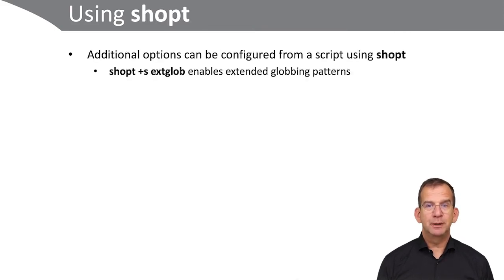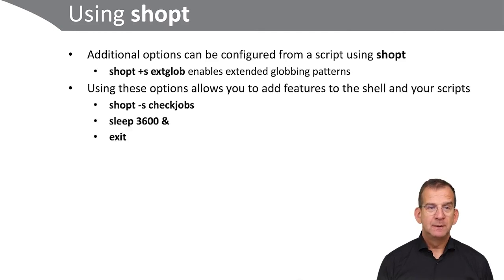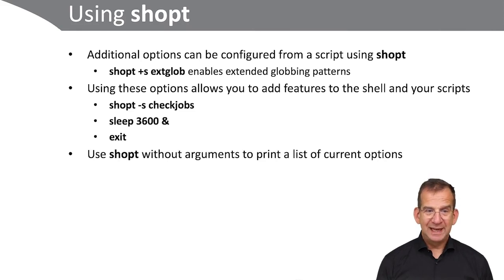Additional options can also be configured from a script using shopt. shopt -s extglob, for instance, enables extended globbing patterns. And you can use these options to allow you to add features to the shell and your script. And if you want an overview of all of the options, use shopt and it will print them.